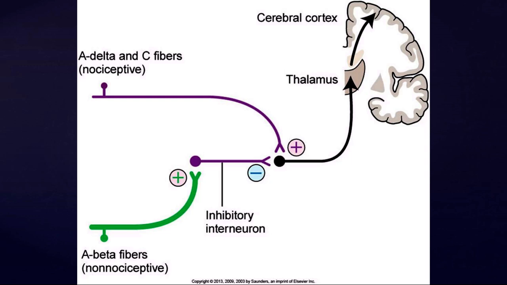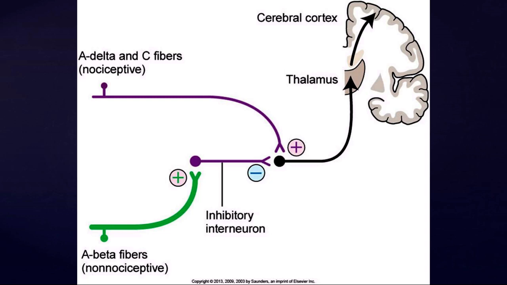So we have one irritant that is stimulating the nociceptive fibers. We have a counter irritant like massage, like ultrasound, like ice, that is inhibiting those same fibers to keep the pain information from getting up to the brain.